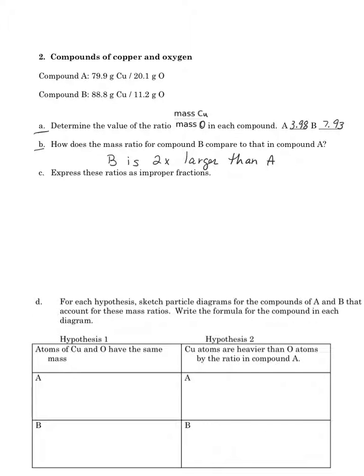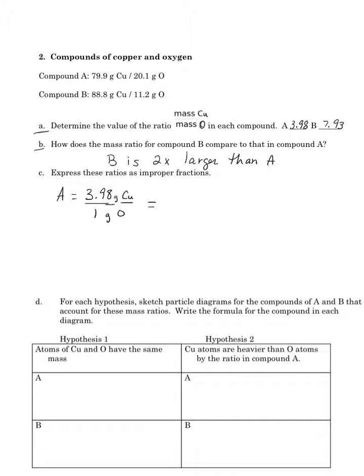You'll find in chemistry, we're going to be doing a lot of rounding to numbers that make sense. So we'll do that right now with these improper fractions. For A, we had 3.98, and again that's 3.98 grams of copper to 1 gram of oxygen.